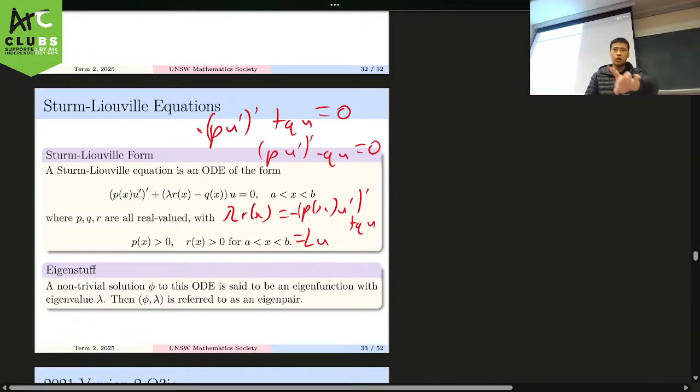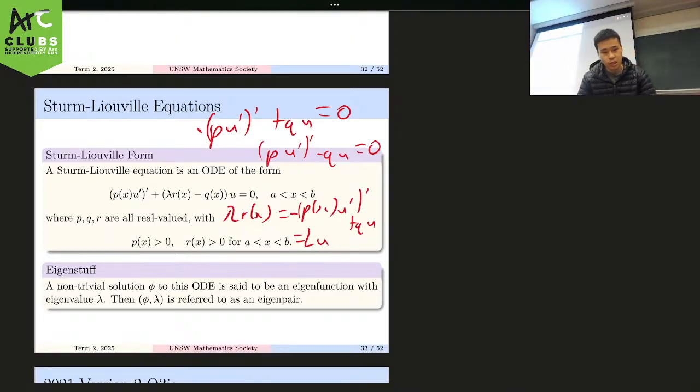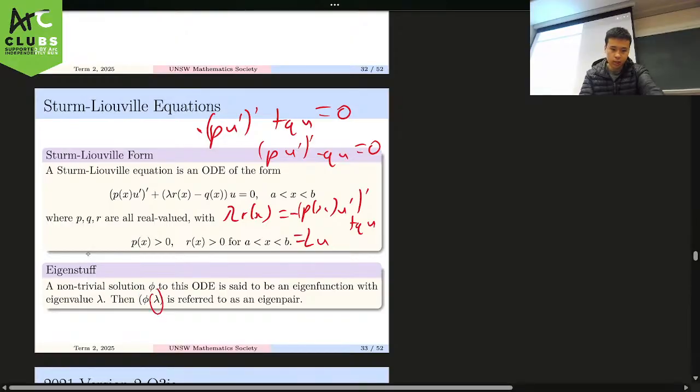So r is our eigen-, instead of vector though, it's going to be eigenfunction, and then lambda is the eigenvalue. So once again, it's like how you might refer to linear algebra. Our lambda is an eigenvalue, and we call that the eigenpair essentially.